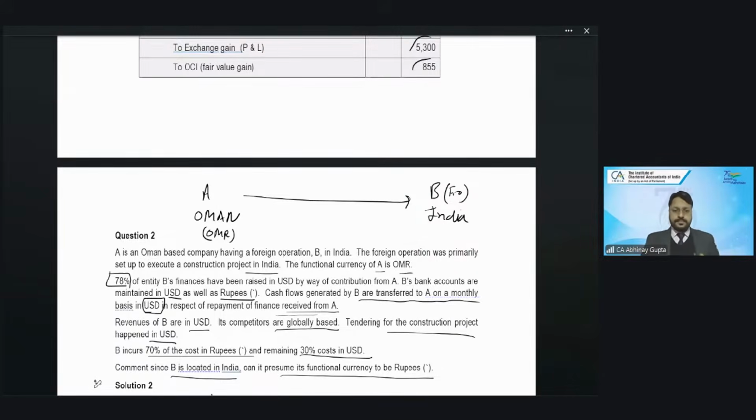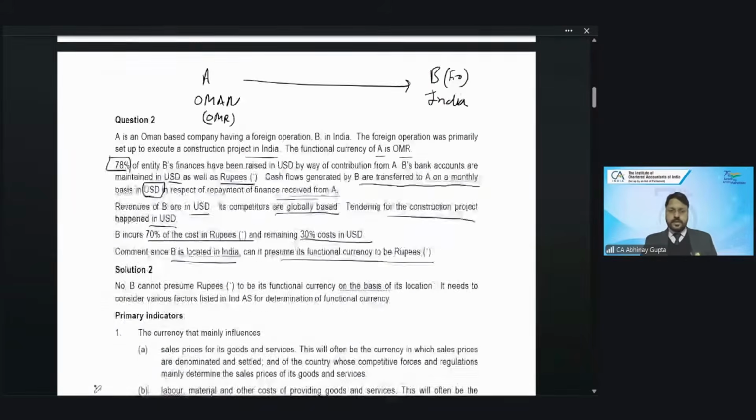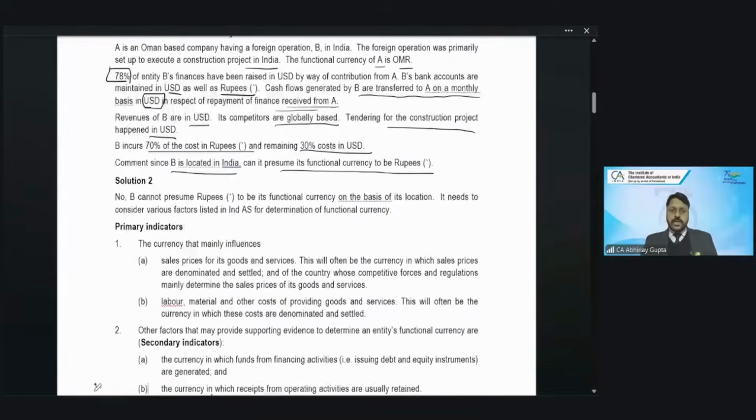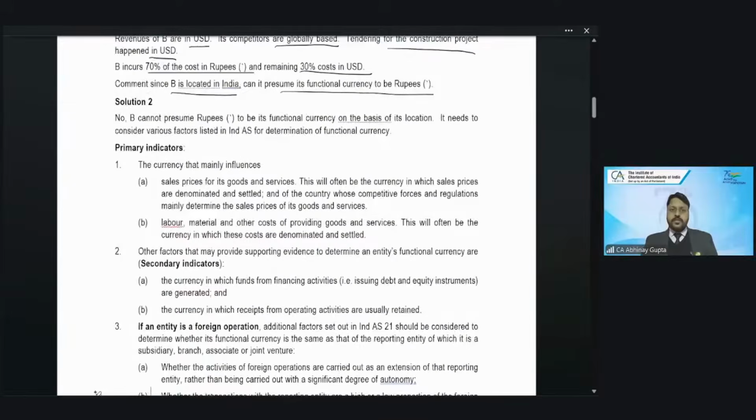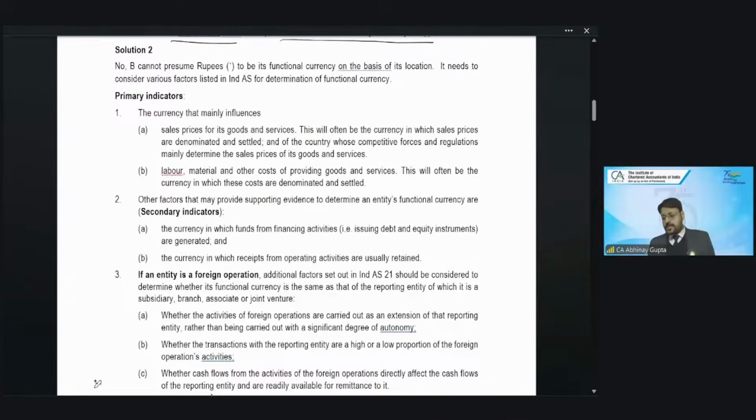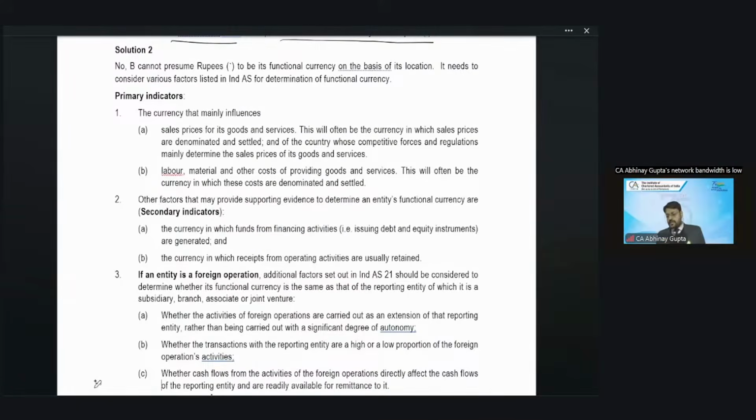Let's see. So in case these types of questions come in the examination, right? We need to provide our conclusion first, right? Whether the currency is the INR, USD or OMR, whatever is the functional currency, right? But we should also support that answer with the literature, right?